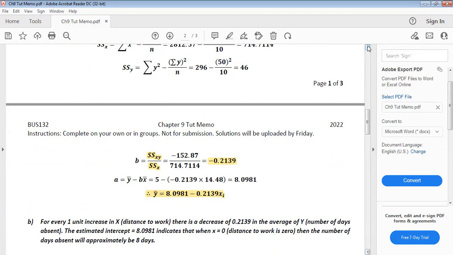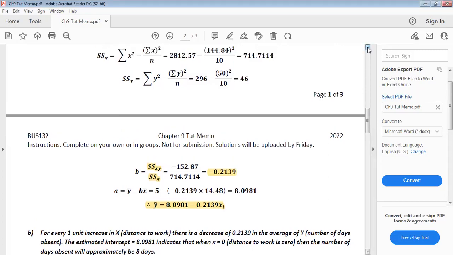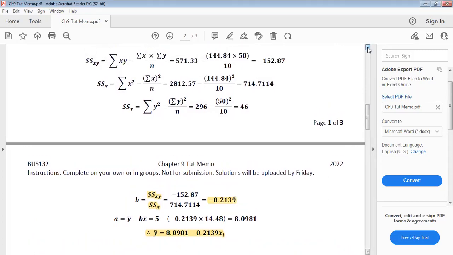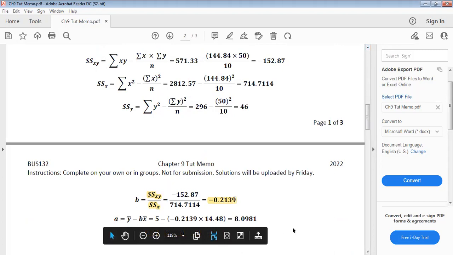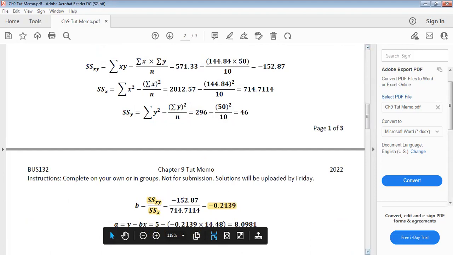So what this regression line really means is that for every 1 unit increase in the distance to work, so if x is 1, let me just scroll up.